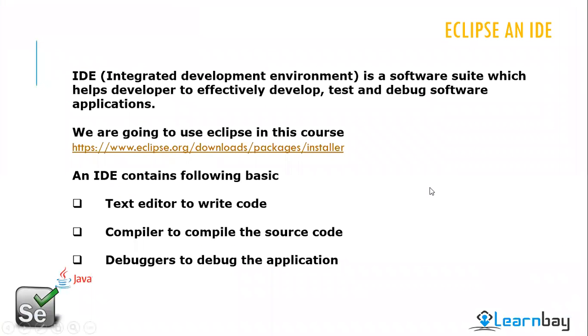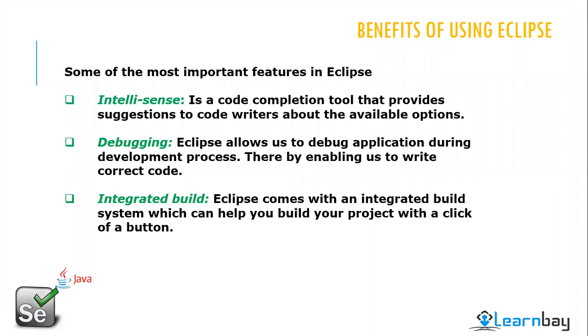Good stuff. Moving to the next part, benefits of using Eclipse, as I was telling you. IntelliSense is a code completion tool that provides suggestions to code writers about available options. Debugging is a mechanism using which you can debug and write the correct code.